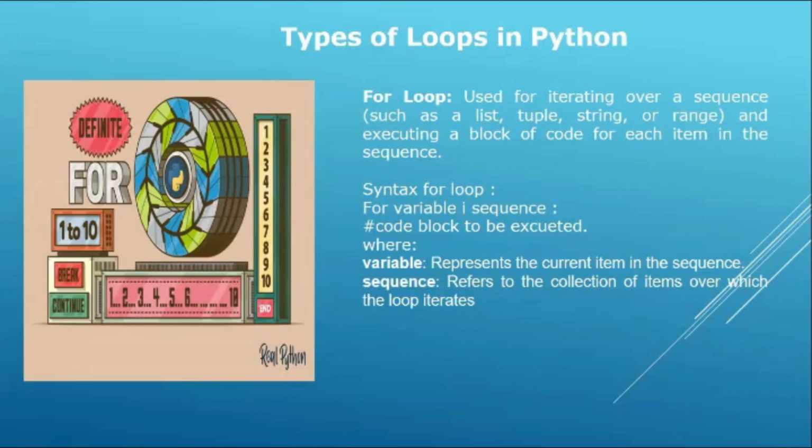The variable represents the current item in the sequence, a container where I can store the item, and the sequence refers to the collection of items over which the loop will iterate. The sequence may be for i in range of 10, or for i in fruits. Fruits is my sequence, a collection of items. It may be apple, grapes, mango, banana, anything. So this is all about the for loop.